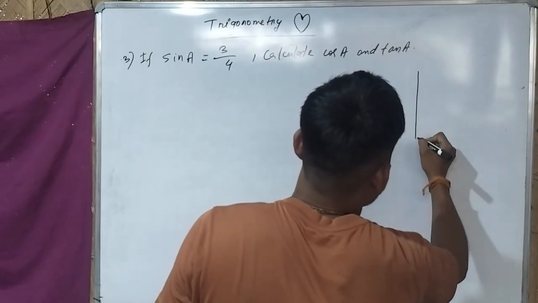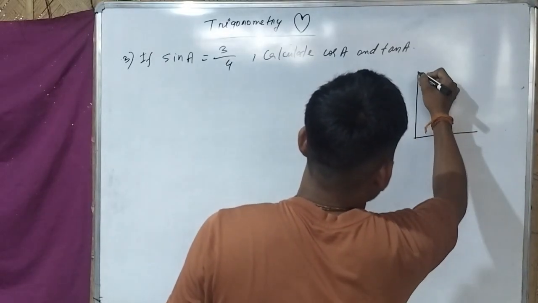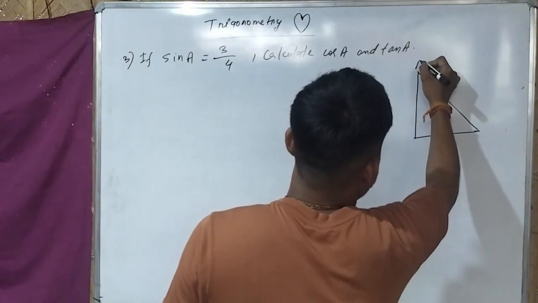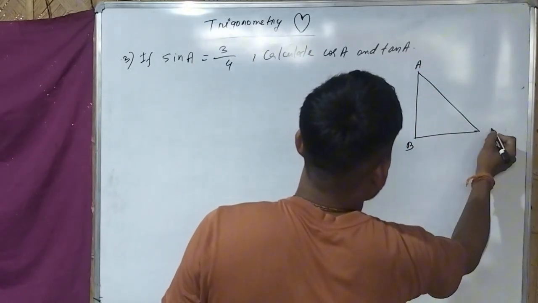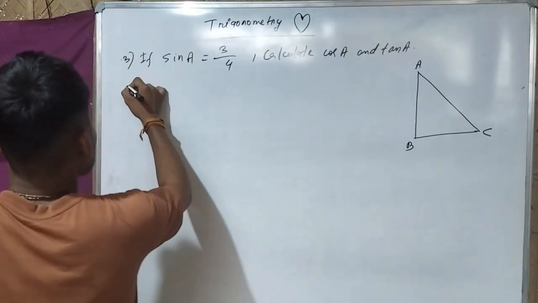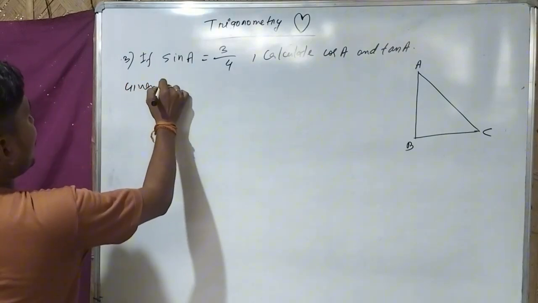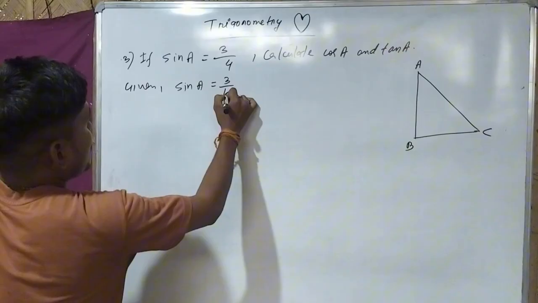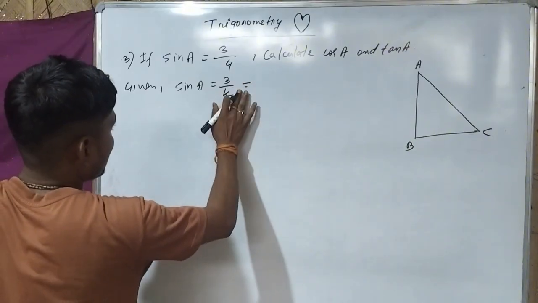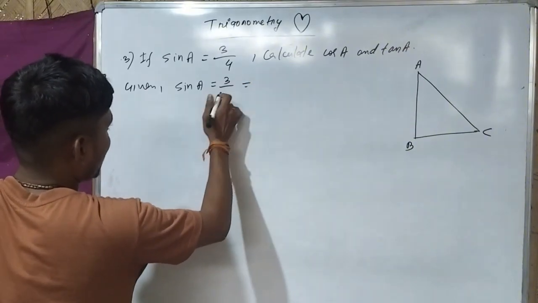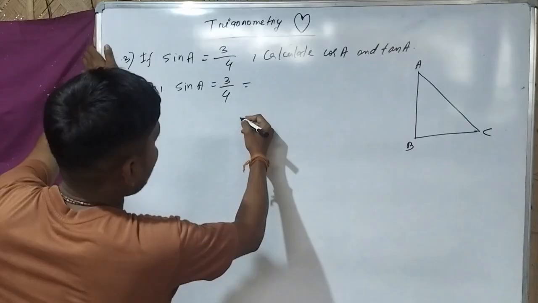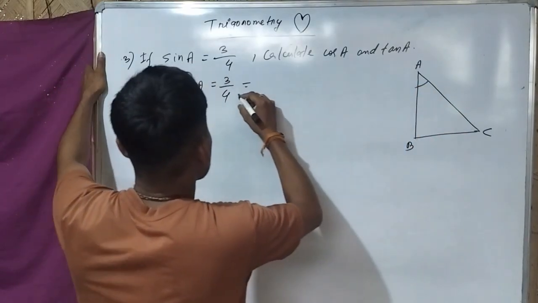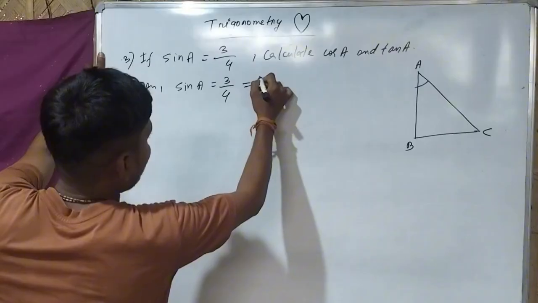Suppose I take this triangle ABC. Now given sin A equal to 3 by 4. Sin A with respect to this angle A. Sin means the formula is what? Perpendicular by hypotenuse.